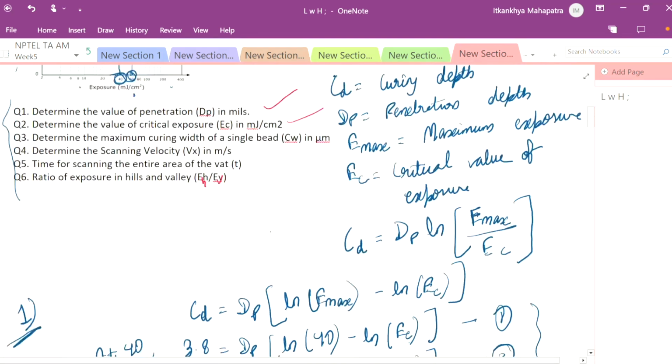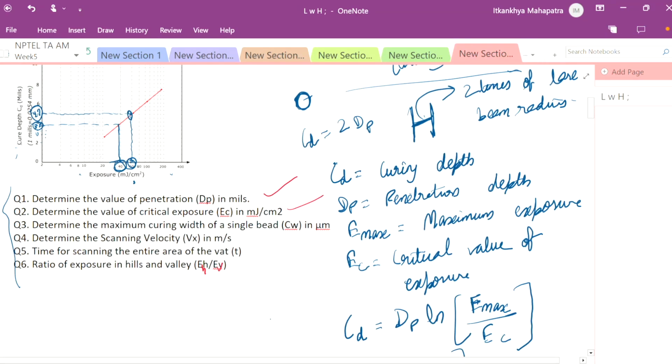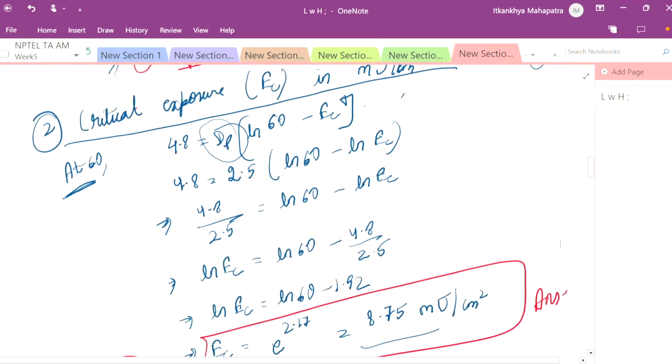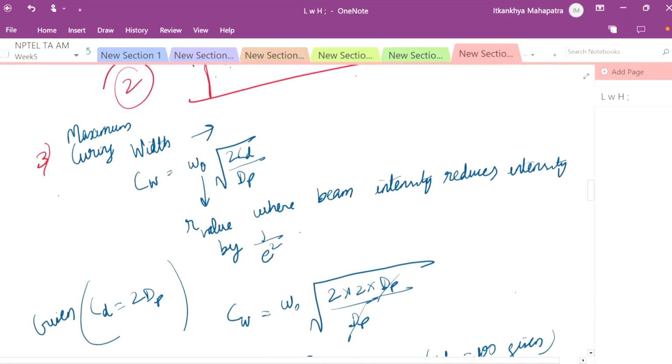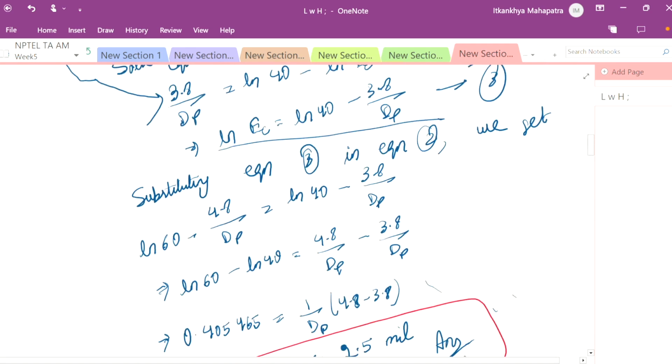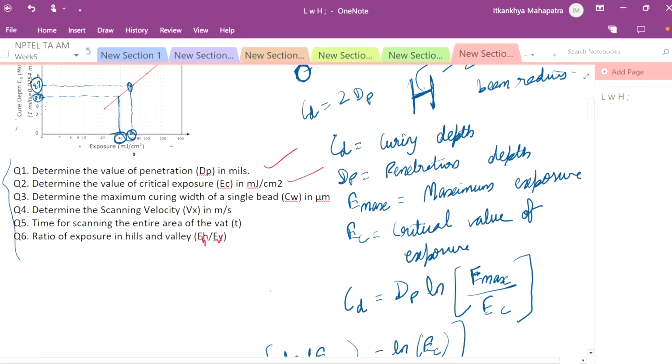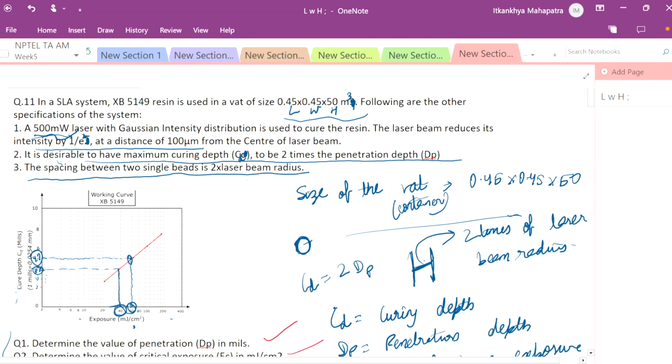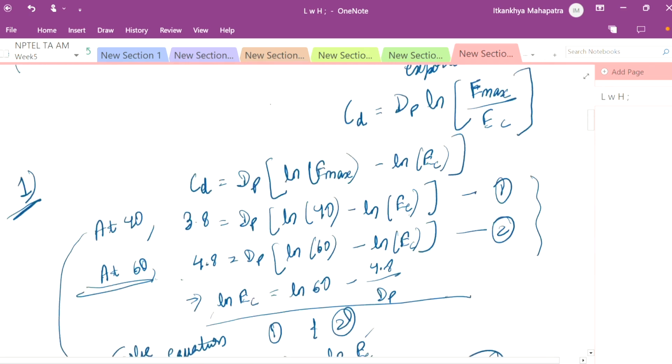Next we have to find out the maximum curing width of a single bead. How to find it? Your formula is W equal to W naught root of 2 CD by DP. Now you have been given a condition here that the desirable curing depth CD is equal to 2 times the penetration depth.